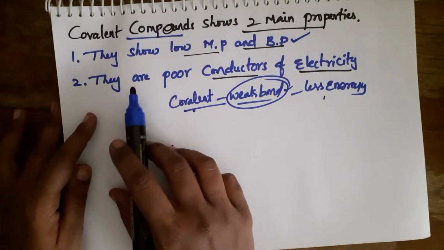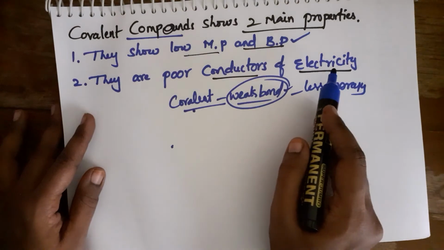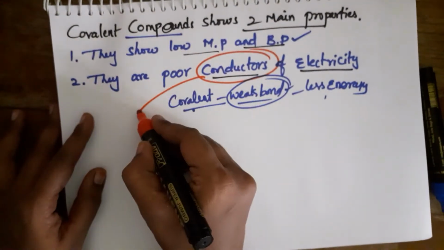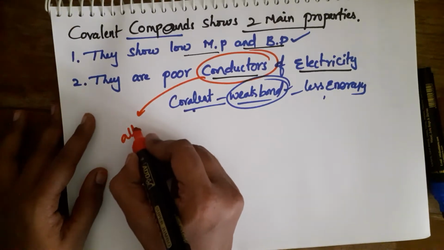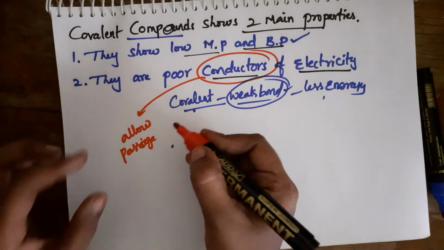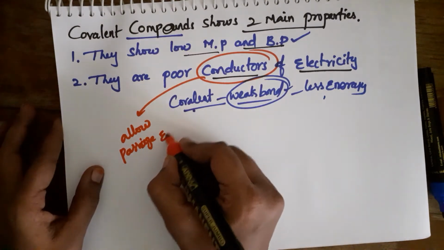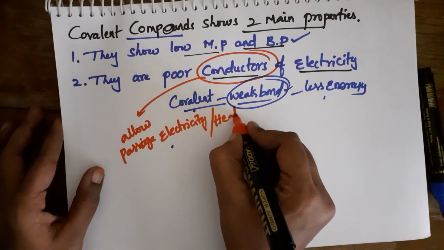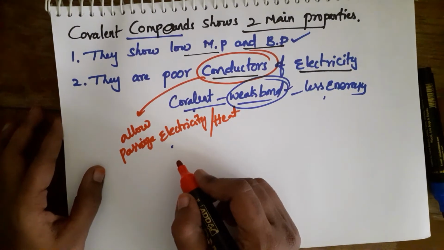And one more point is that they are poor conductors of electricity. What is meant by conductor? Anything which can allow passage of electrons, or allow electricity or heat through them, is called a conductor.